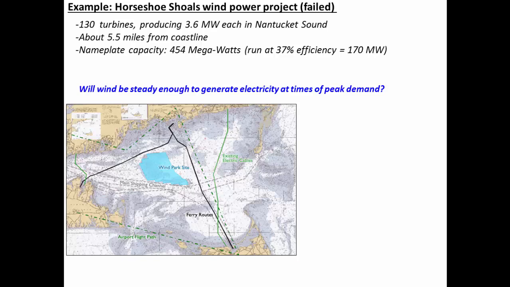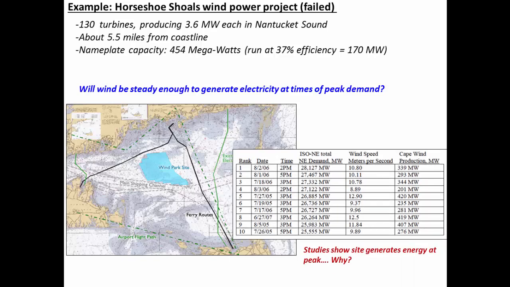Some test turbines for this development showed that if you look at the 10 times of peak electrical demand in New England, of course they're all on summer afternoons, the wind was always blowing pretty fast in Nantucket Sound at those times, and the estimated wind production would have been well above average during those peak times.